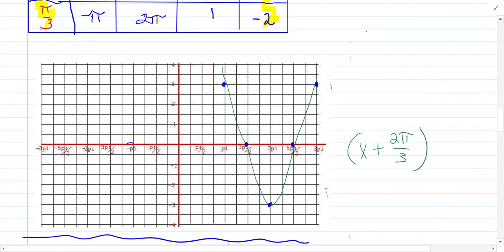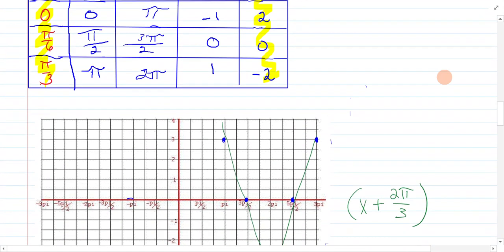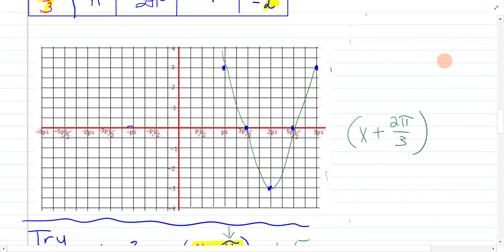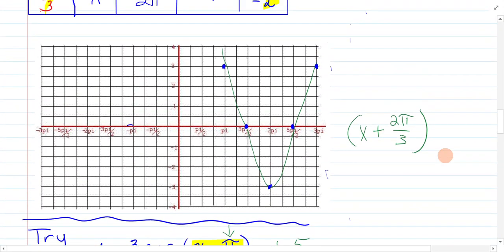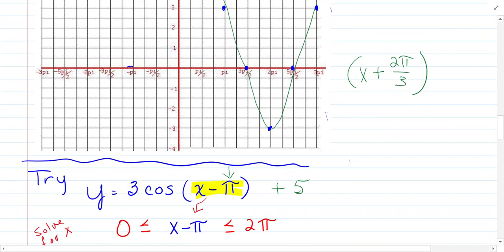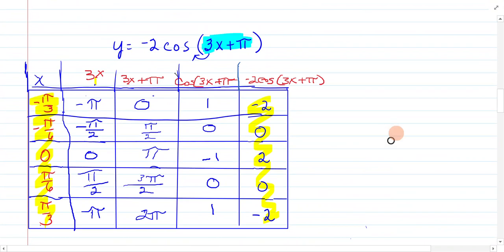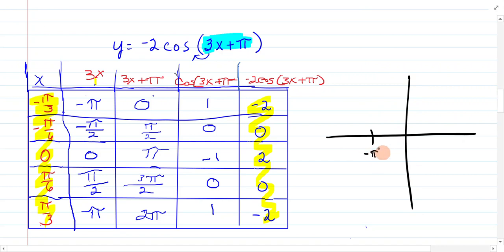So if I come over here, when I'm at negative pi, oh goodness, that graph is not graphed. I don't have that one graphed. But what we would see is that right here is negative pi over 3, the one negative 1/3.